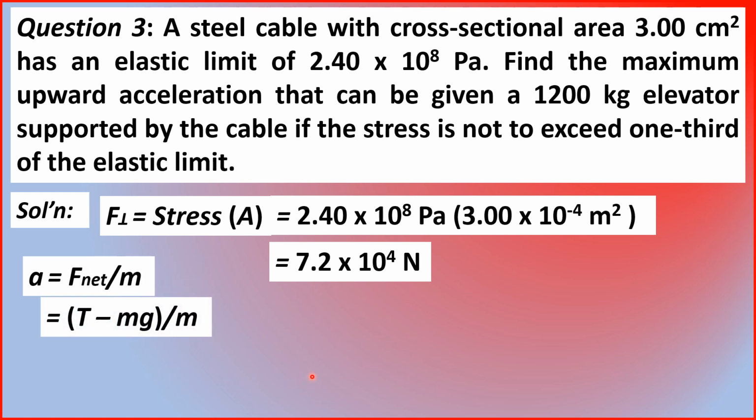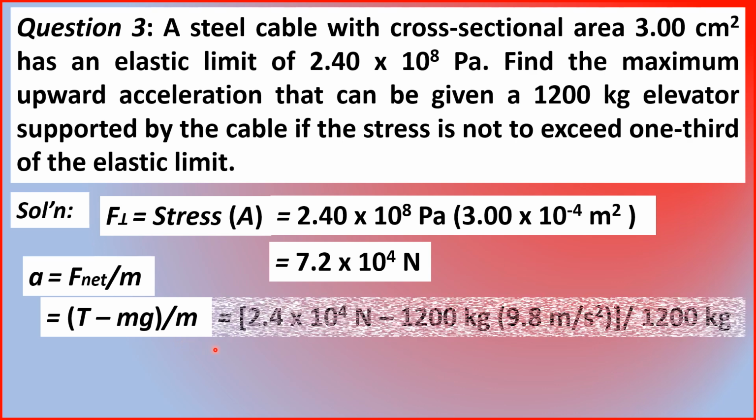Since we want an acceleration that is directed upward, it simply means that the upward tension exerted by the cable, all right, must be greater than the gravitational pull of gravity on the elevator. So F net therefore has to be T minus mg, all right, so that the F net will be upward. And then that will be divided by the mass.